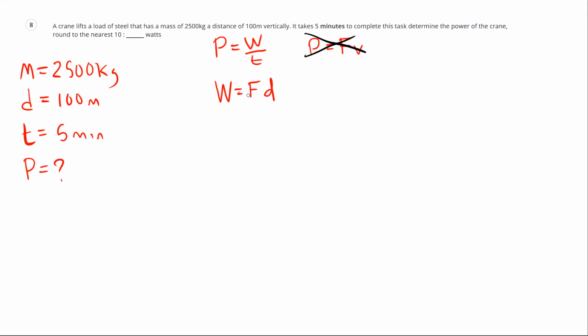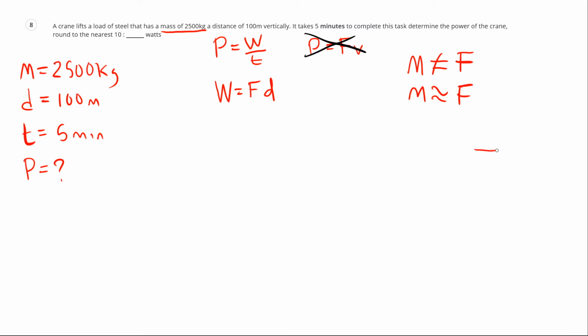I think the issue that a lot of you are having is that you're assuming something that's not true. I think a lot of you are assuming that mass is equal to force. Let me just tell you, M does not equal F, ever. But it is related to F. M is proportional to F. In fact, we know the relationship between M and F. If this object is being pulled up, what force is it acting against?